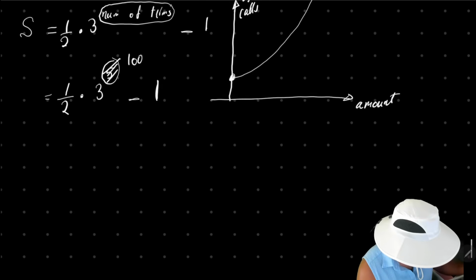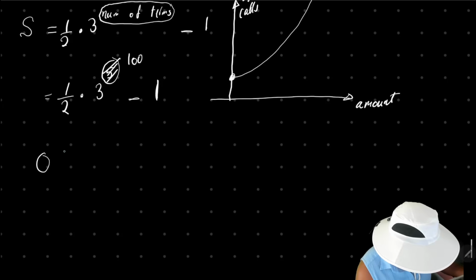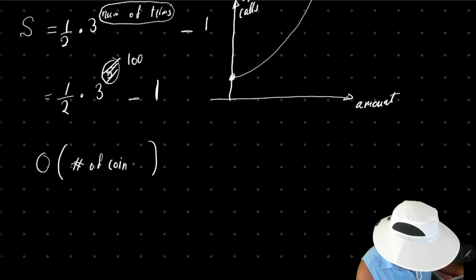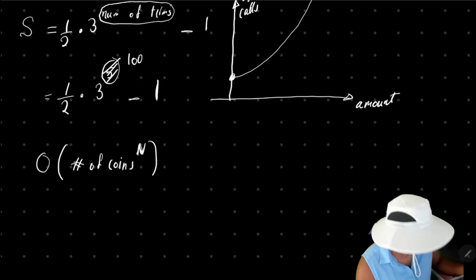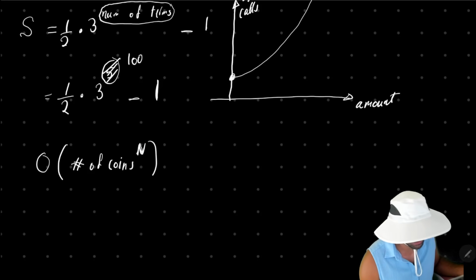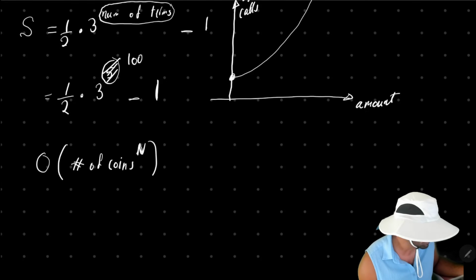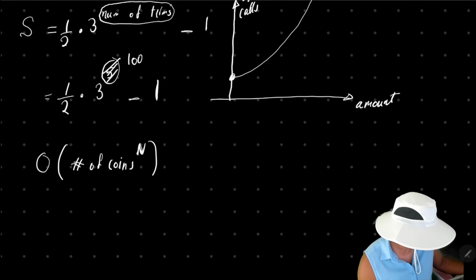So if I were to go back, then the runtime is actually O of number of coins power n. So depending how many coins I have, 4 coins 4 power n, 5 coins 5 power n, and so on. So it's pretty slow. It's a very, very slow runtime.